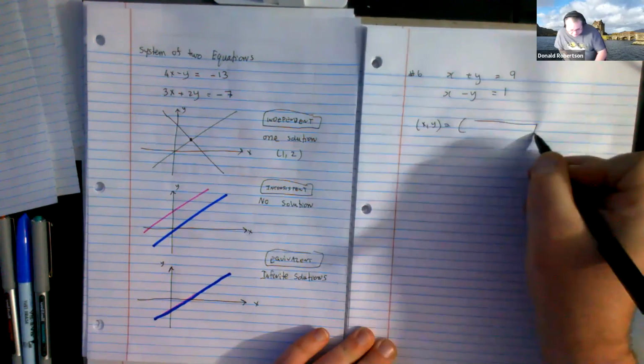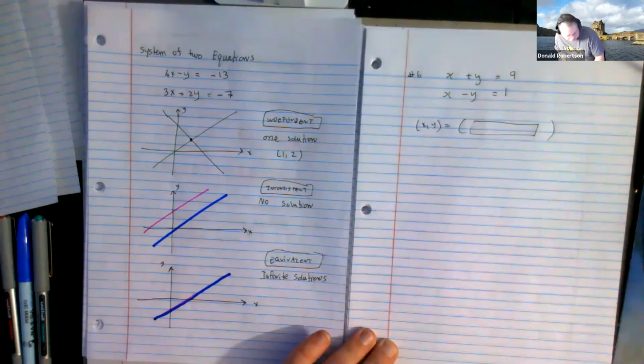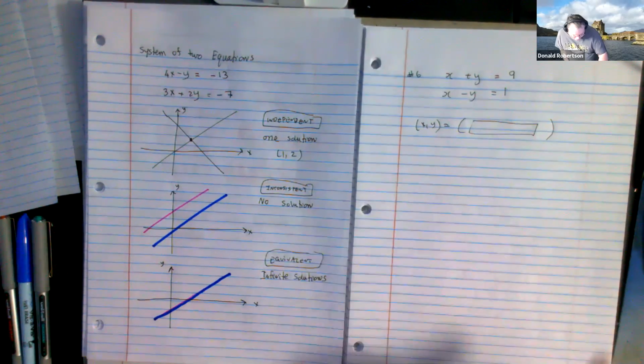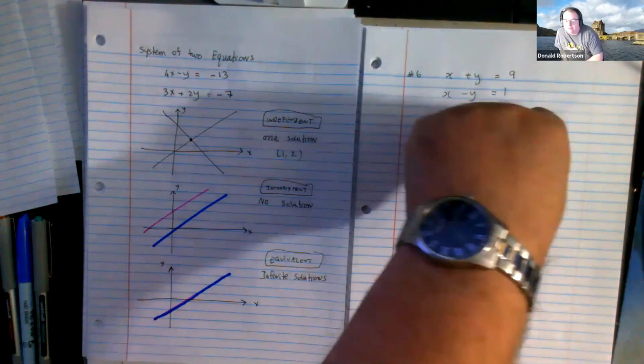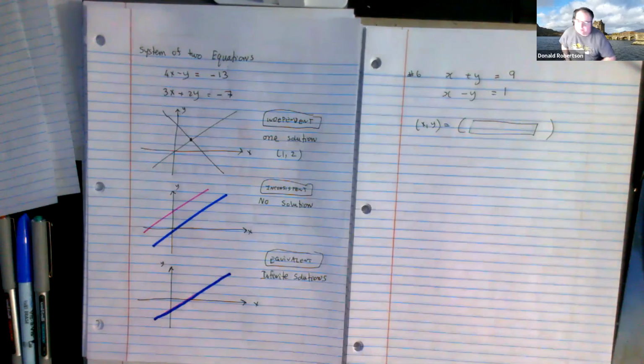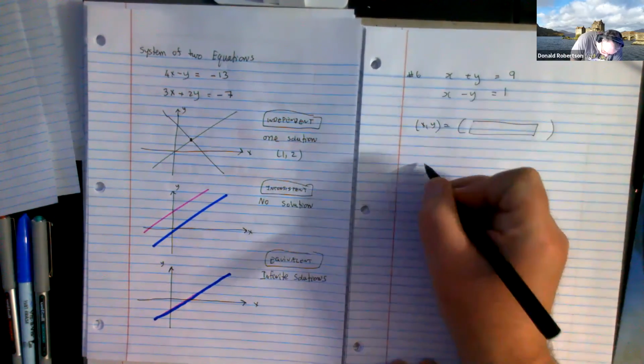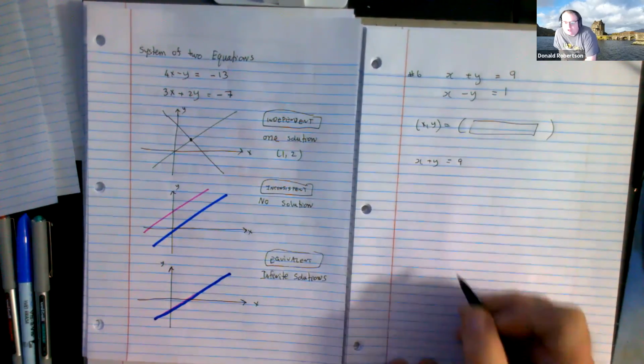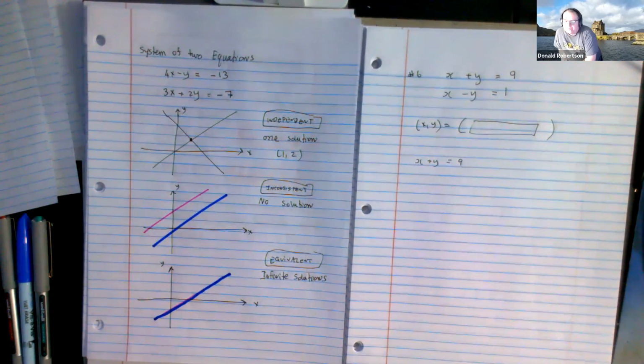And so our answer, if it exists, is going to go in here, if it's numbers. And if it doesn't work, I'm going to say inconsistent or equivalent, or a phrase like that. All right, let's take our first equation. I could probably do that one in my head. I'm going to use method 1.